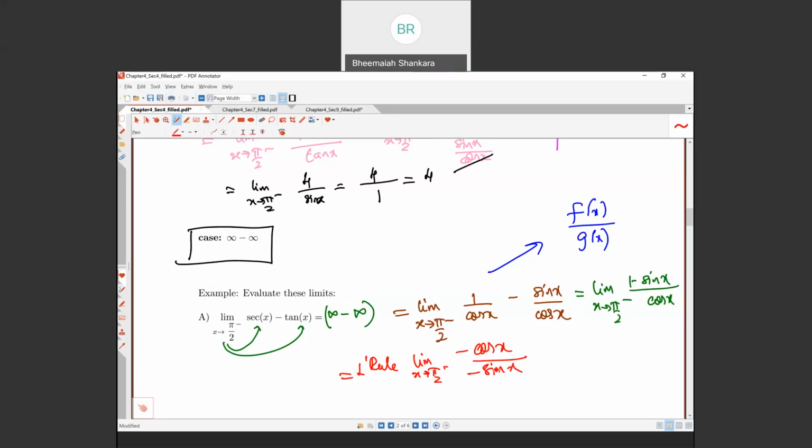Now you're good to plug in the limit, the negatives cancel, plug in x equal to pi over 2 in the numerator and in the denominator. So you have cosine pi over 2 is 0 and then sine pi over 2 is 1. Simplify, you have the answer is 0. 0 over any number is 0.